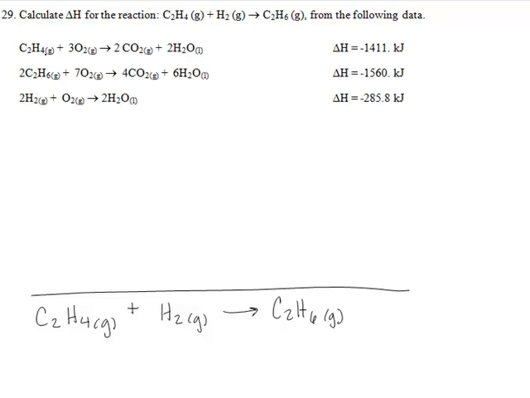In the top equation, I have C2H4. C2H4 is one of my reactants in my final equation. So I'm simply going to copy this equation down because C2H4 is already on the right side of the equation.